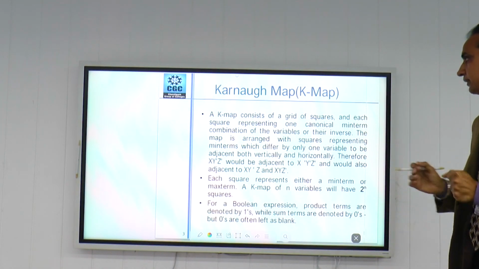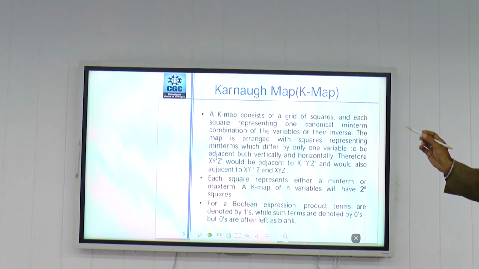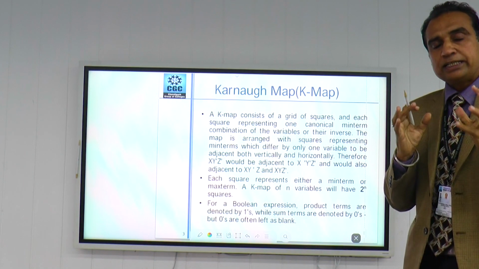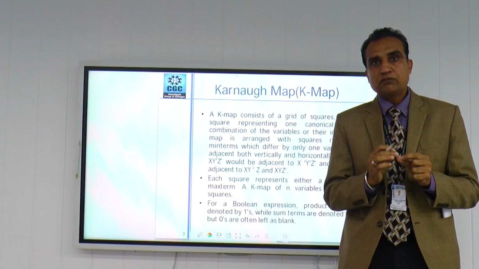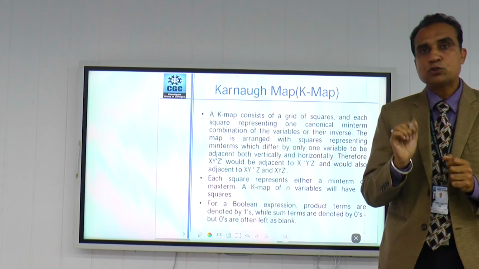Now the next thing is that min terms which differ only by one variable are adjacent, both vertically and horizontally. In each square grid, we use a min term. What is min term? If the equation is represented in SOP form.